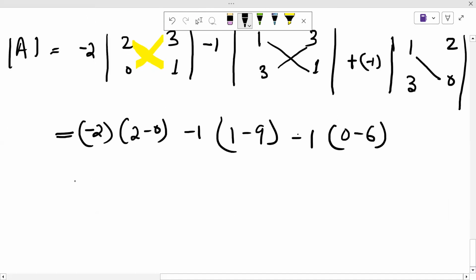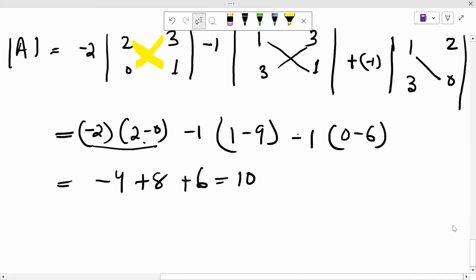This value becomes 2 into -2, that is -4, then -8 into +8 and +6. So 10 is the value. So determinant of A is equal to 10. Since determinant A is not equal to 0, you can solve your problem.